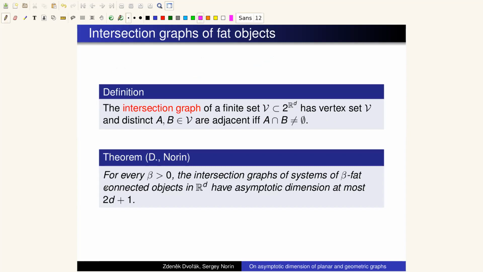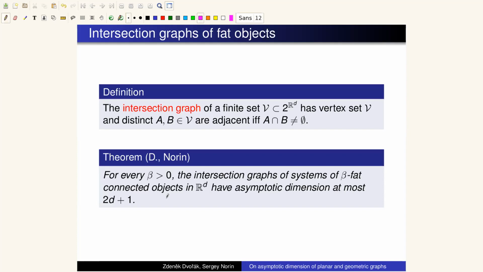And then if you have an intersection graph of such a system of fat connected objects in d-dimensional space, it will have asymptotic dimension at most 2d+1. So this gives at least some justification for the intuition that geometric graphs in bounded dimension should have bounded asymptotic dimension.